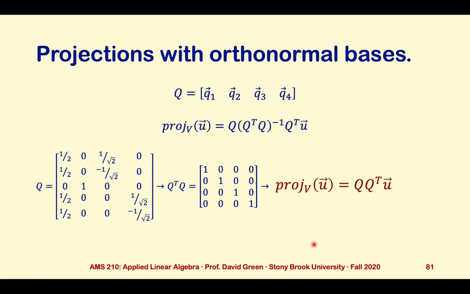We would proceed by constructing a matrix whose columns were the vectors of interest, the basis vectors, I should say. And we could then compute the projection of u onto the vector space using the standard result for the projection.